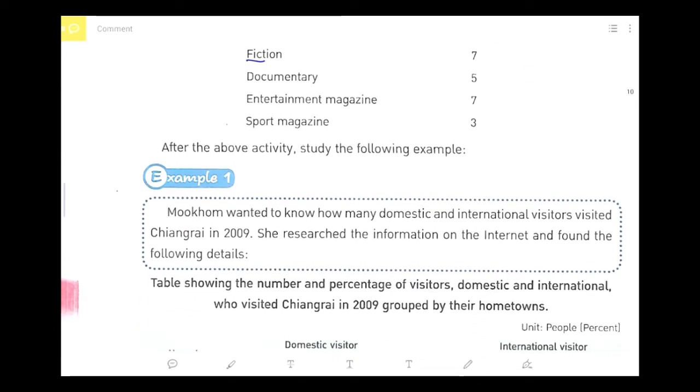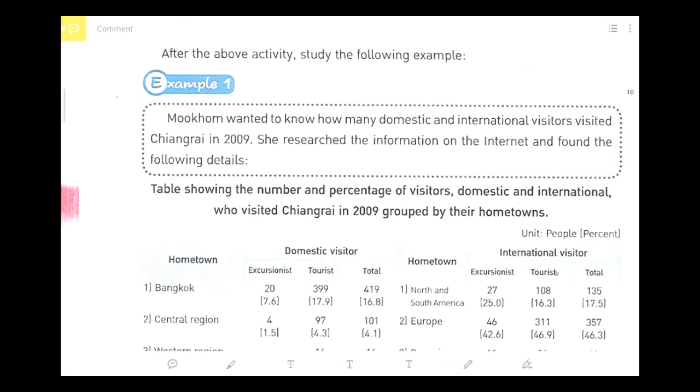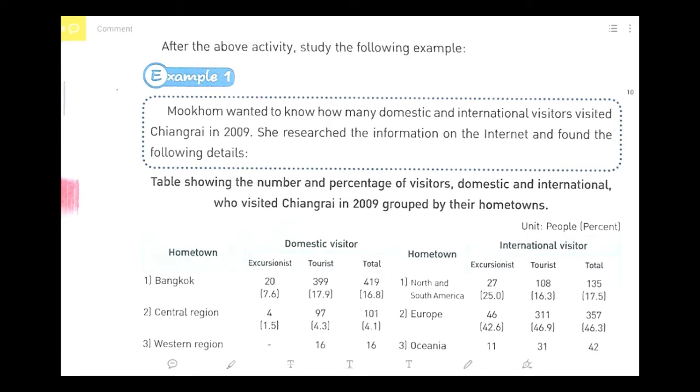Study the following example. Mukham wanted to know how many domestic and international visitors visited Chiang Rai in 2009. Domestic means in Thailand.